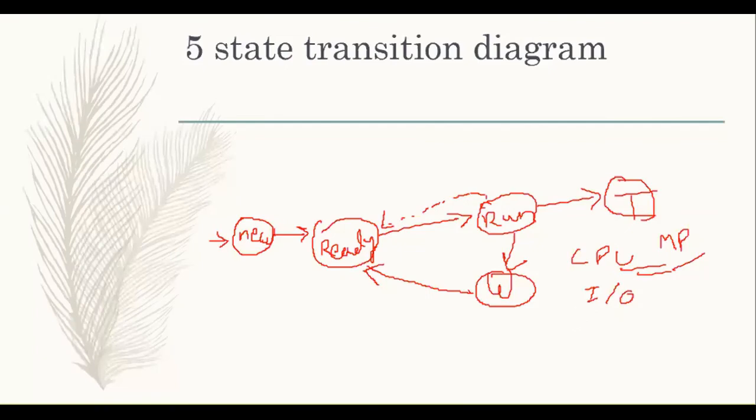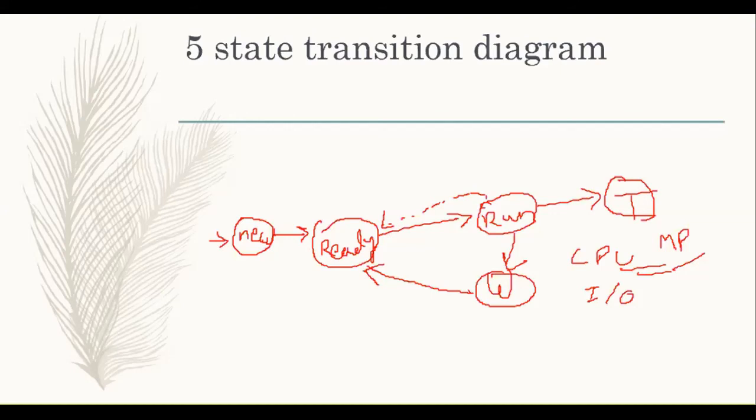What is the reason behind moving from running to ready? There is a possibility that a certain process, due to a certain interrupt, as we already know, there are two kinds of interrupt: one is the maskable interrupt and the other is the non-maskable interrupt. Suppose a non-maskable interrupt came, and non-maskable says that you cannot hold that interrupt. So that interrupt will require processing in the CPU. Hence, you need to forcefully send your process out from the CPU to the ready state.